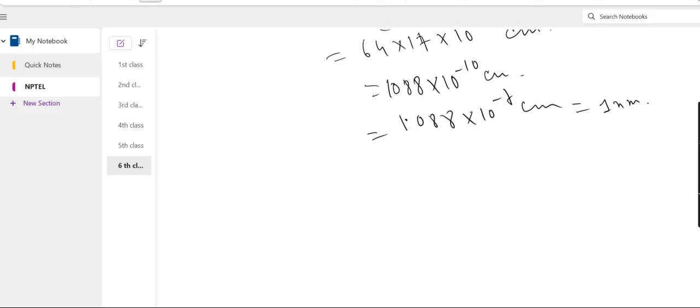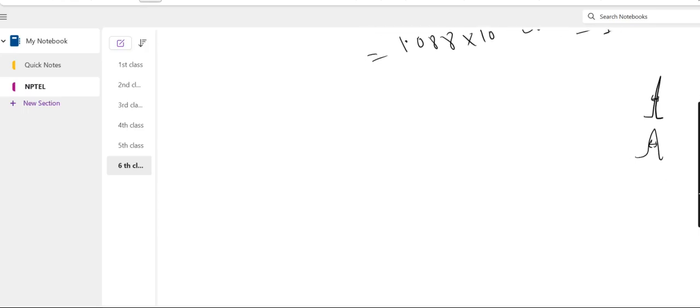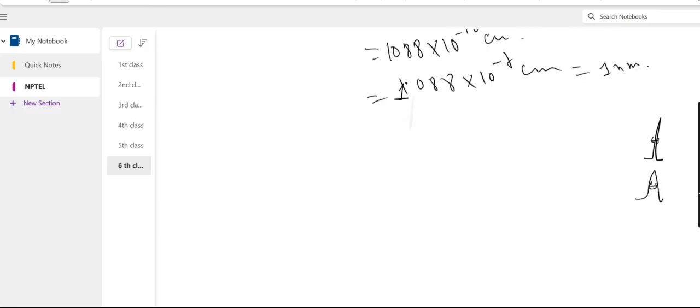So the monochromatic light should be like a spike, but it is spread, not a spike. The bandwidth defines how wide this spread is.